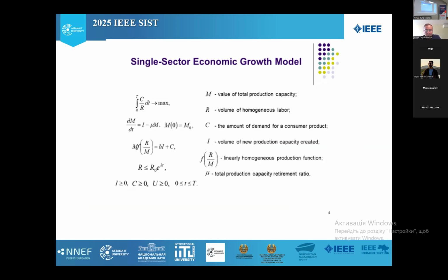Production capabilities are given by the production function, and the entire gross output of the product is distributed between intermediate and final consumption, economic and ecological.